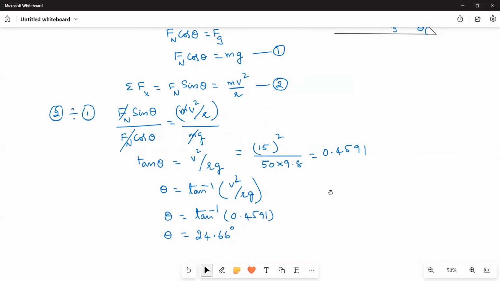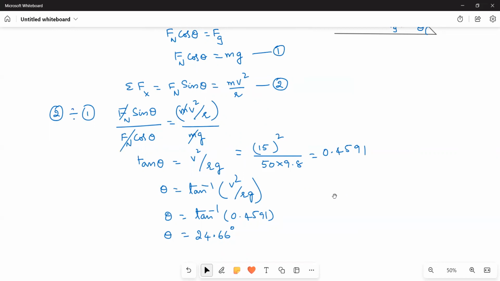Therefore, for all vehicles, whatever the vehicle may be, a heavy truck, a light car, or a cycle, whether the vehicle is light or heavy, the mass will not come into the picture, only the velocity.